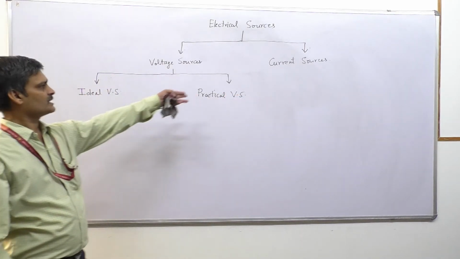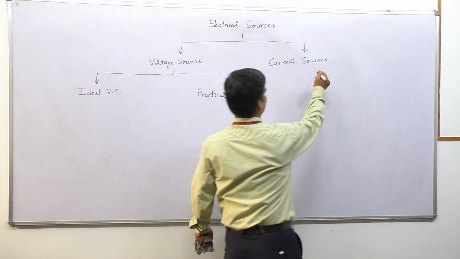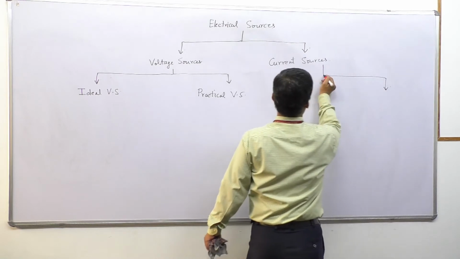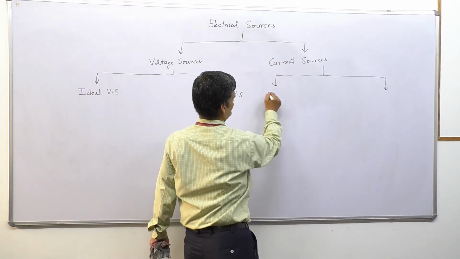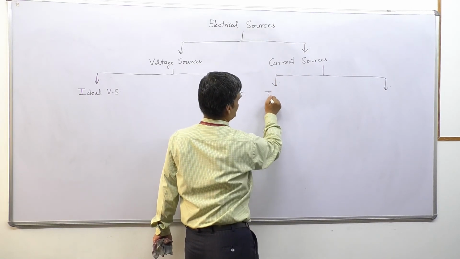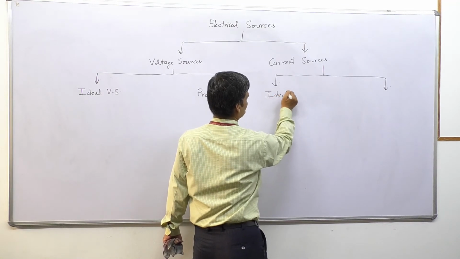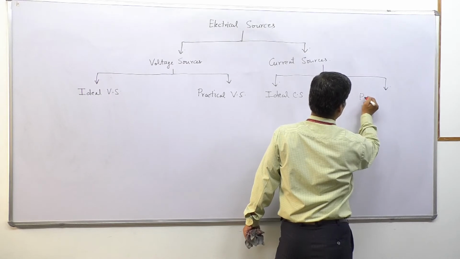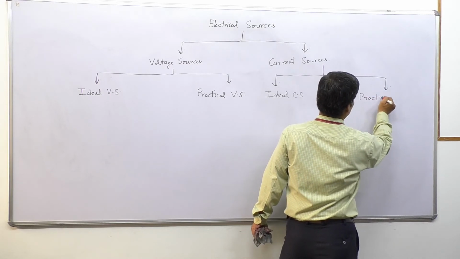The same classification is being done for the current sources. Here also, first we will be analyzing ideal current source. Later on, we shall be moving to the practical current source.